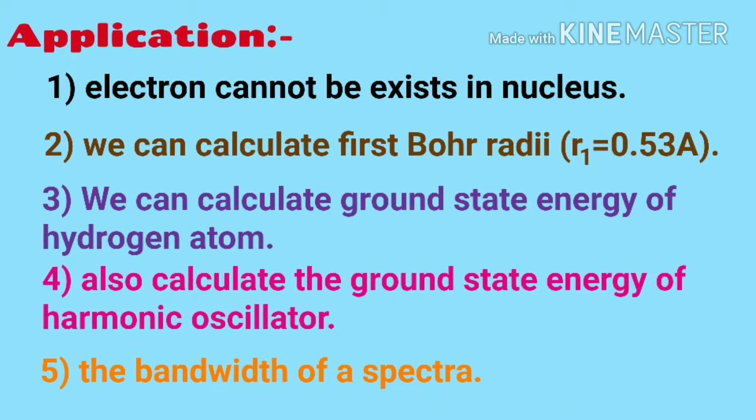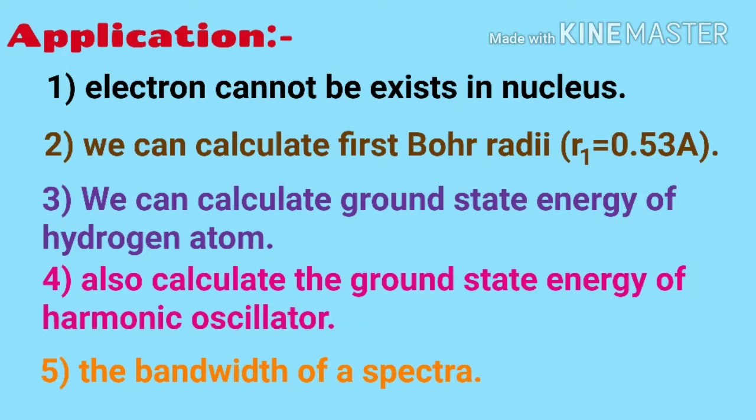Next, what are the applications of the Heisenberg uncertainty principle? From the Heisenberg uncertainty principle, we can prove that an electron cannot exist in the nucleus. We can calculate the first Bohr radius of the hydrogen atom from the Heisenberg uncertainty principle, which is 0.53 angstrom.